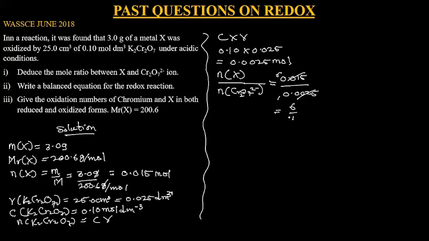6 is to 1. So how do we conclude? We conclude that the mole ratio of X to the mole of chromate, Cr2O7 2-, is 6 is to 1. So that is how we work out the answer to this particular problem.